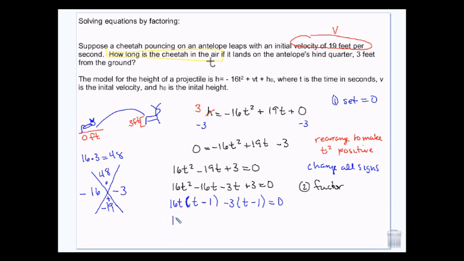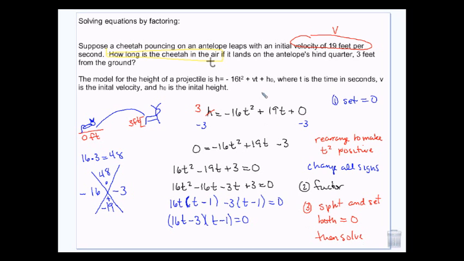And I get 16t minus 3 and t minus 1. My next step is to split and set both equal to 0, and then solve.